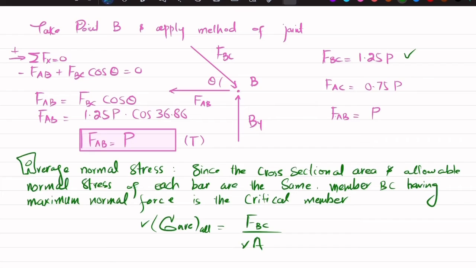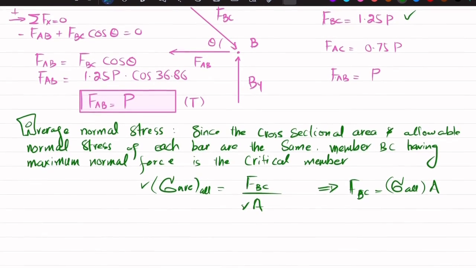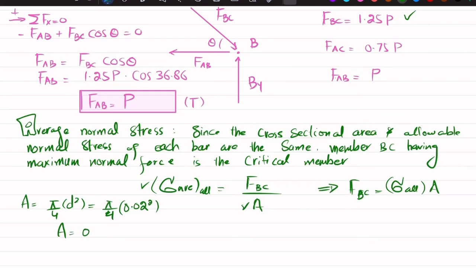These two values are the same, so we will get FBC equal to allowable stress into area, and area for a circular rod or bar is equal to pi by 4 d squared, and d is 20 millimeter or 0.02 meter squared. So you will get area as 0.3142 into 10 raised to power minus 3 square meter.